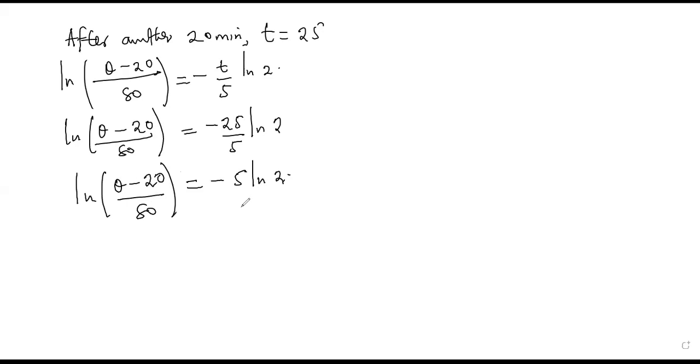So if we bring this on this side, it will be ln((theta minus 20)/80) is equal to negative ln 32.